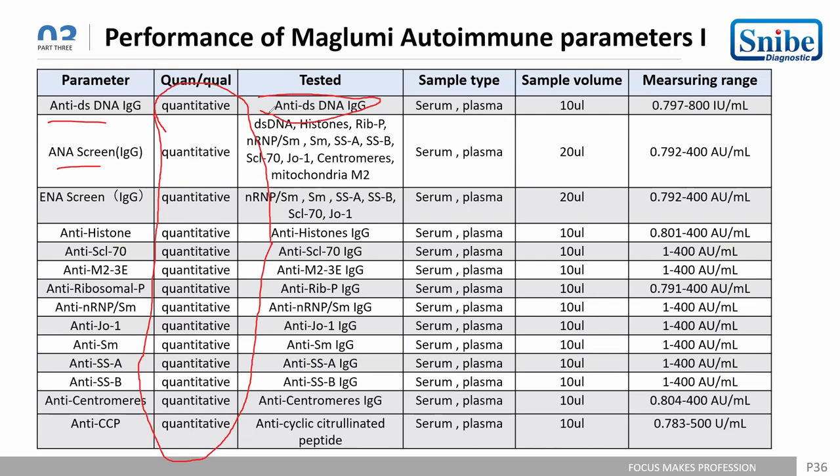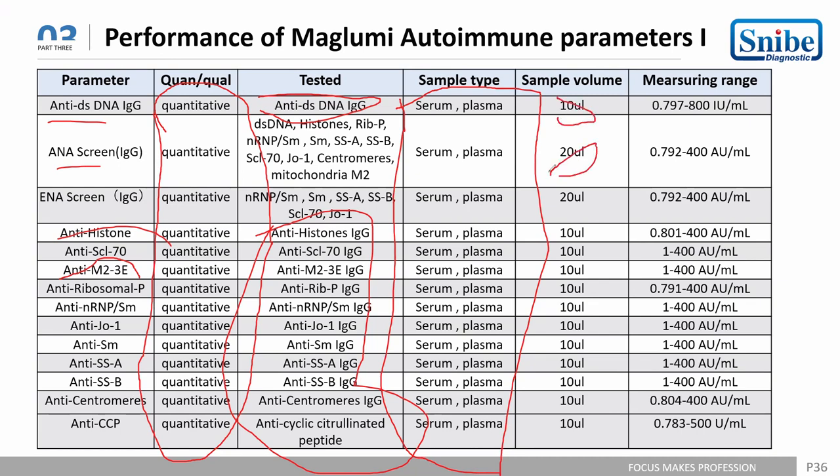The testing includes anti-double-stranded DNA IgG and the other anti-Sm, anti-RNP, anti-SSA assays. Either they are IgG or other assays that belong to autoimmune disease. The sample types are very flexible in all autoimmune disease assays. They have serum and plasma.